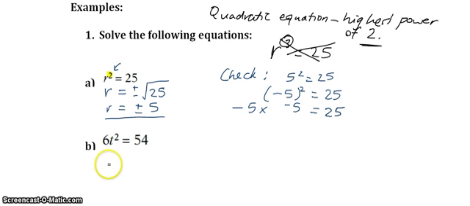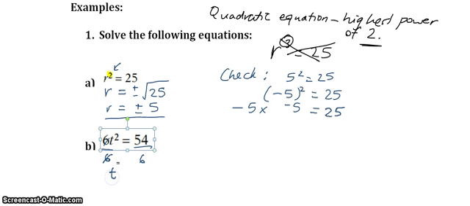Let's have a look at question B. This time I've got 6t squared equals 54. Now we need to get t squared by itself first. So this is 6 times t squared. The t squared is being times by 6. So what do I have to do to get rid of it? Well, I have to divide both sides by the 6. Okay, so now that I've done that, these 6's cancel out.